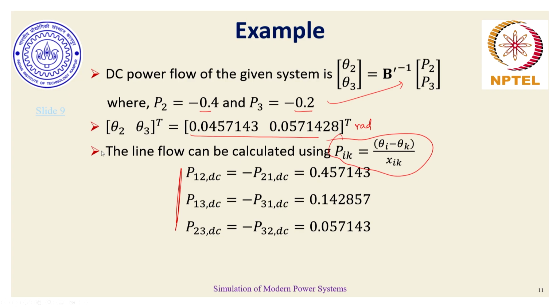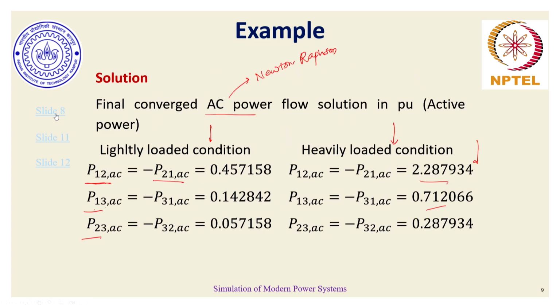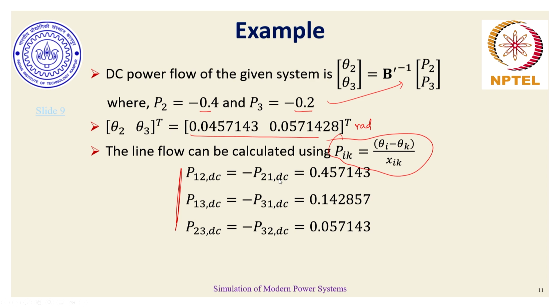If we now see the numbers we have obtained in terms of real power flows for the DC model, they match very closely with the numbers obtained from the AC model. And that is where the beauty or uniqueness of the DC model comes in for the light load condition.